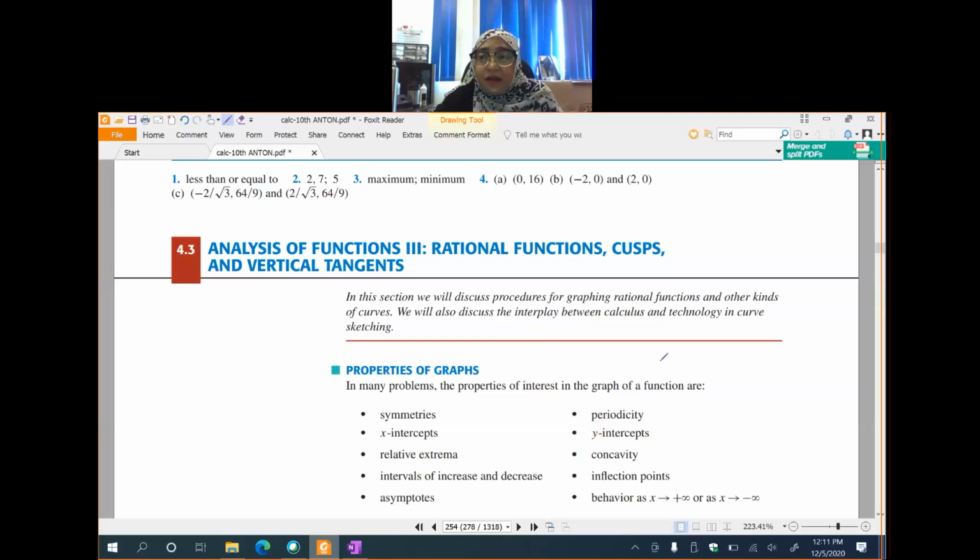So it helps us to predict the behavior of f without having to plot the graph of f.